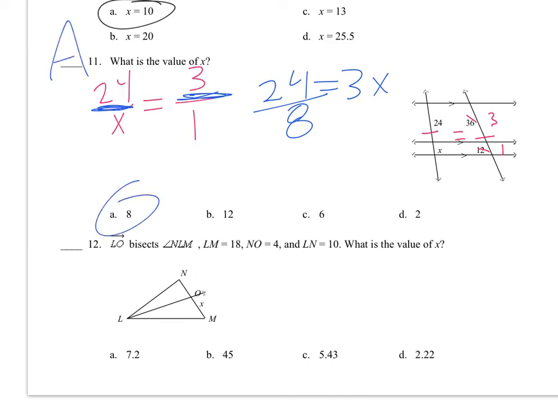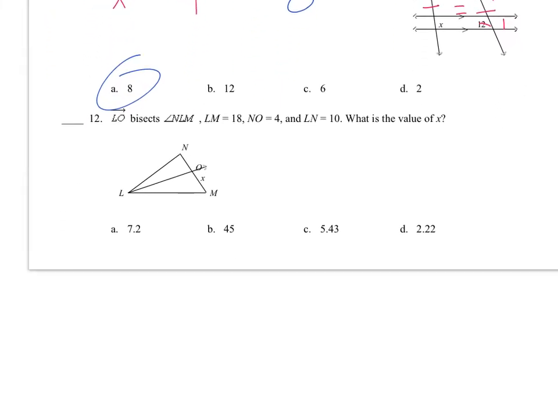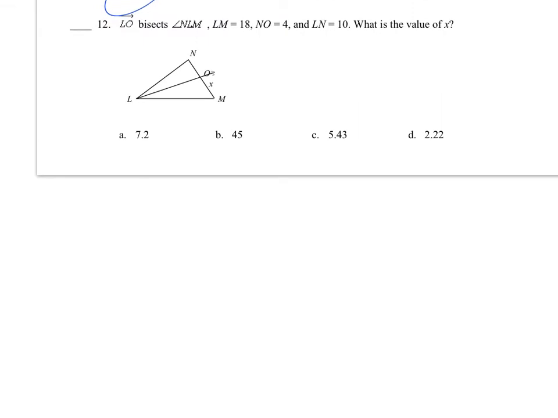A. It says LO bisects angle NLM. Remember, this is the same property that we have. Once we know that it bisects that angle, we have a proportion that we can write up.